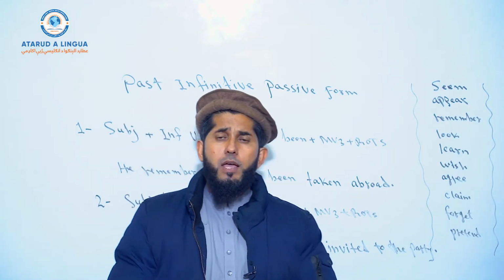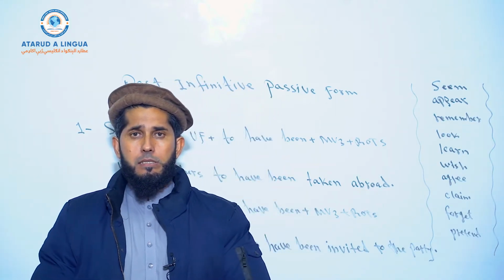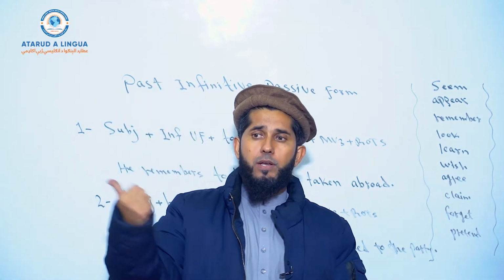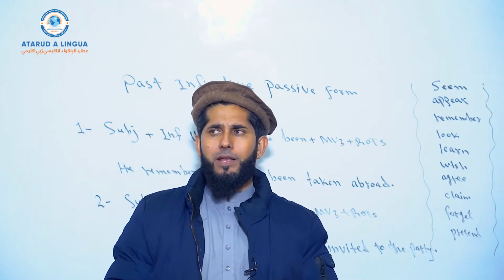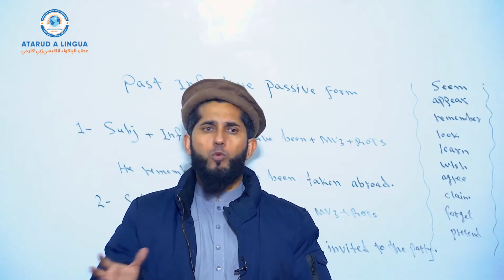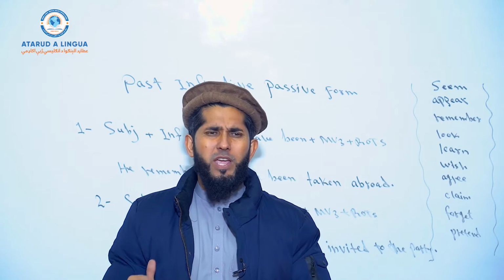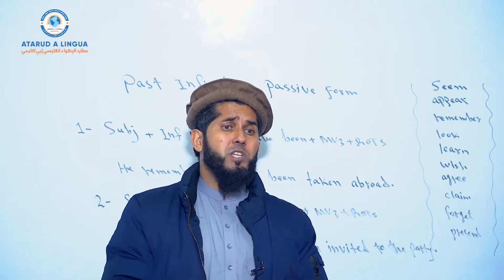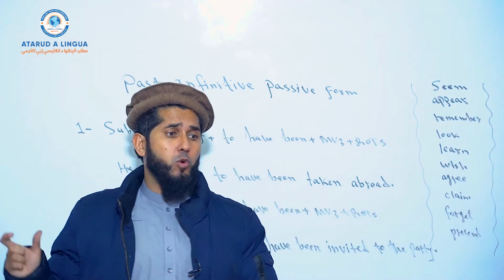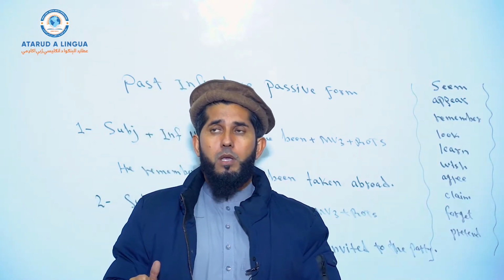He wishes not to have been trained by that organization. The idea is that an organization trained him inappropriately, or for example, not in a proper way, so he couldn't learn what he expected. So now he wishes not to have been trained by that organization. Okay?